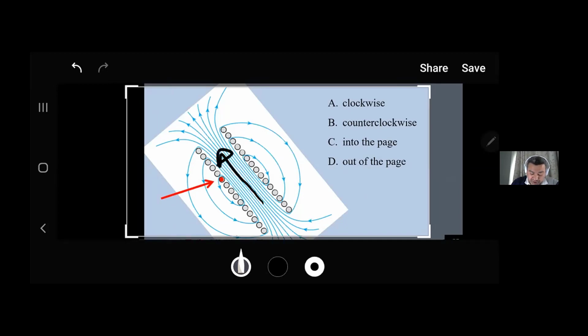What do you think of the current in this red dot? Out of the page. You are absolutely correct. Why is it out of the page?